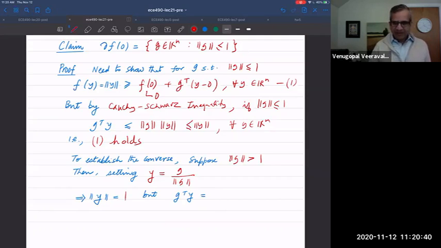But then if you look at g transpose y, that's equal to what? g transpose y is g transpose g divided by the norm of g, which is equal to the norm of g, because g transpose g is norm of g squared, and that's bigger than 1. So here I've shown that the left-hand side is equal to 1, but the right-hand side is bigger than 1. So this equation 1 does not hold.